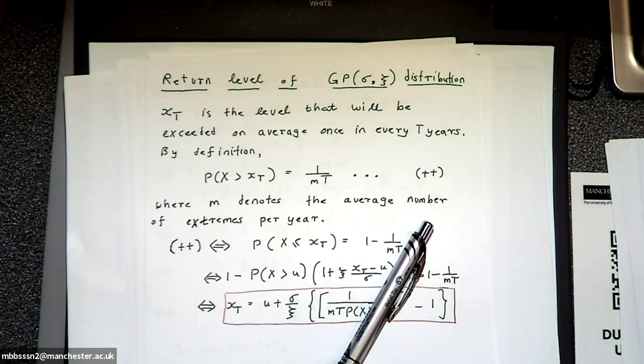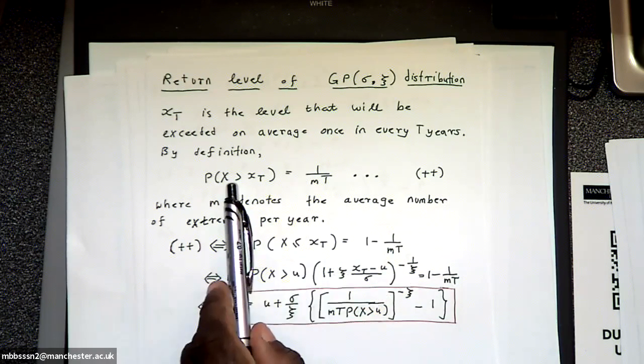But in definition 2, anything that goes above the threshold is an extreme value. So suppose you have m extremes every year. So over capital T years, you have m times T extremes. You follow what I'm saying? m is the average number of extremes per year.